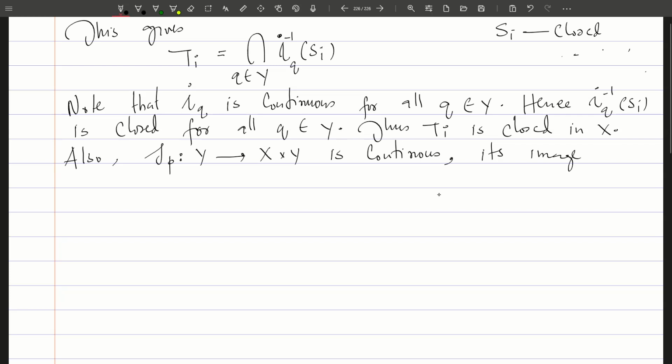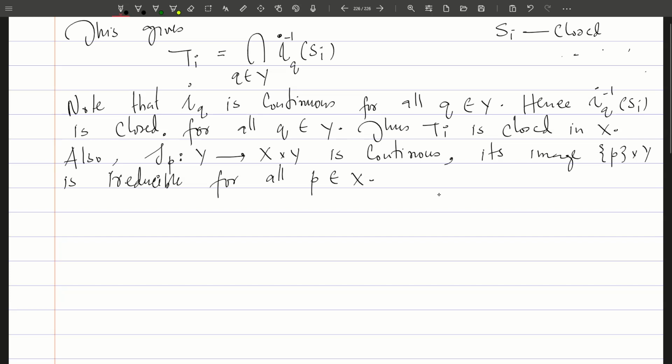Now the image of the map jp is the set p times Y. This is also irreducible, because jp is given to be continuous and Y is irreducible. So its image is also irreducible. So this is irreducible for all p in X.